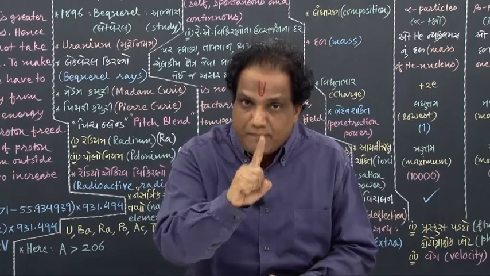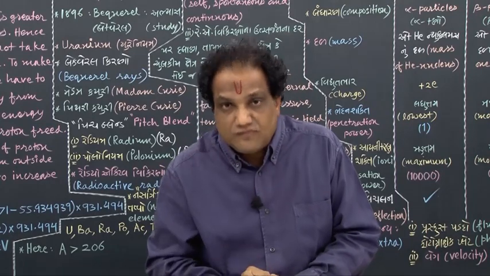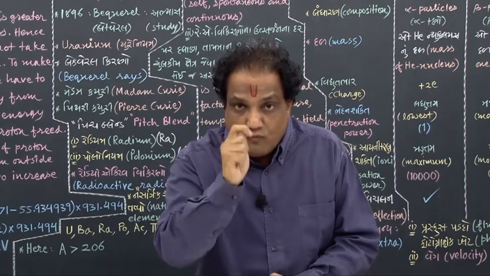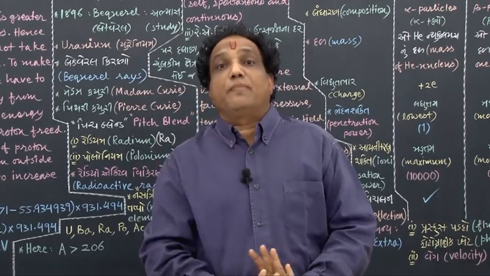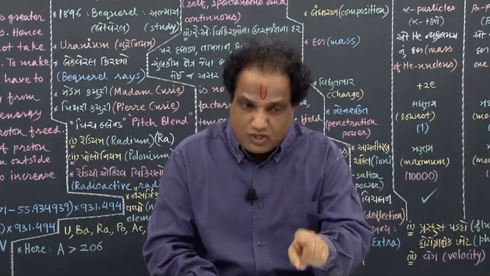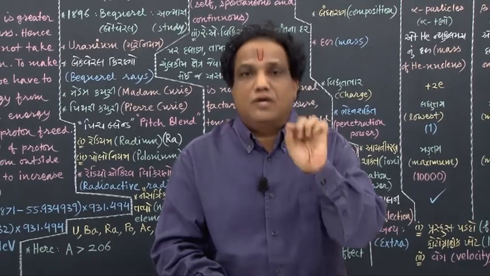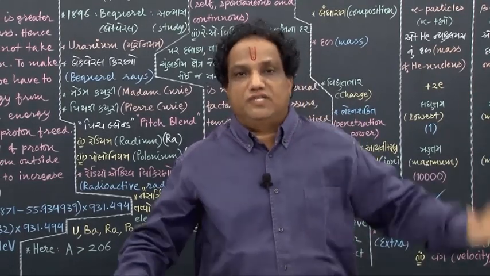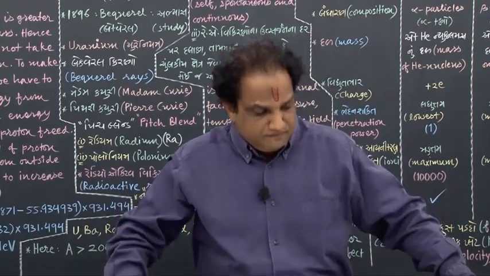Similarly, the separation energy is the minimum energy required for liberating one nucleon from a nucleus. Minimum energy required to liberate one nucleon from a nucleus is called separation energy. What is it called? Separation energy. Okay, fine.